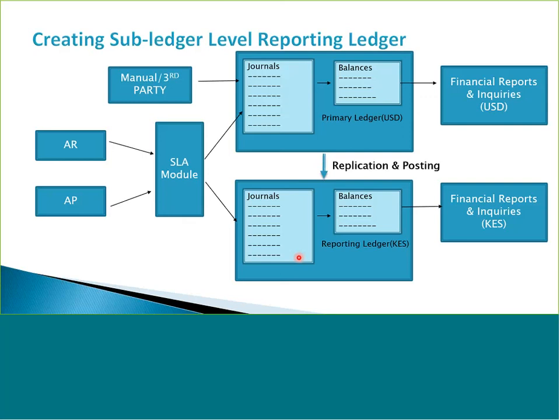Okay, and that is how you are now able to come and see those journals and drill down to the source window. So maybe if that journal was created by an invoice, you can go and see that invoice that resulted in the journal. It also means that you can see these journals before they are posted.